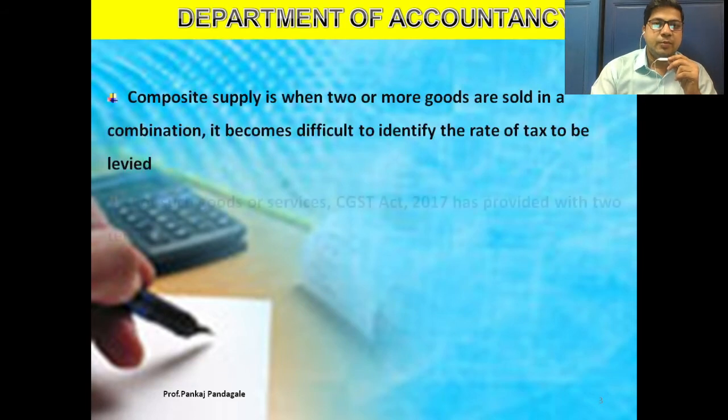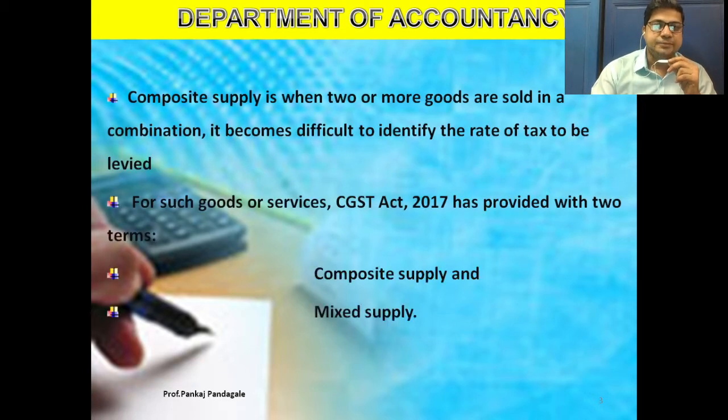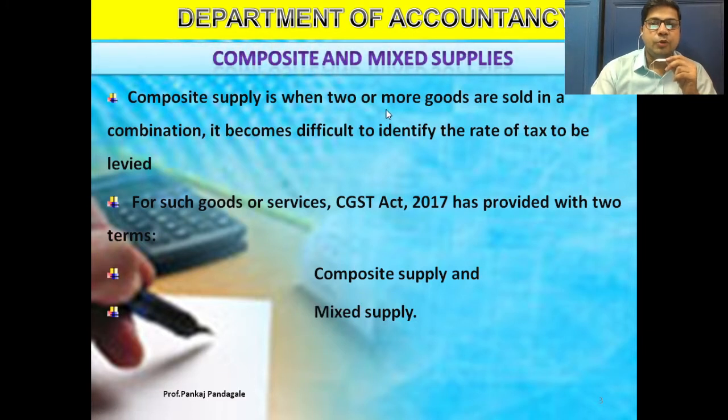Now friends, whenever we talk about composite supply, when two or more goods are sold in a combination, it becomes difficult to identify the rate of tax to be levied for such goods or services.